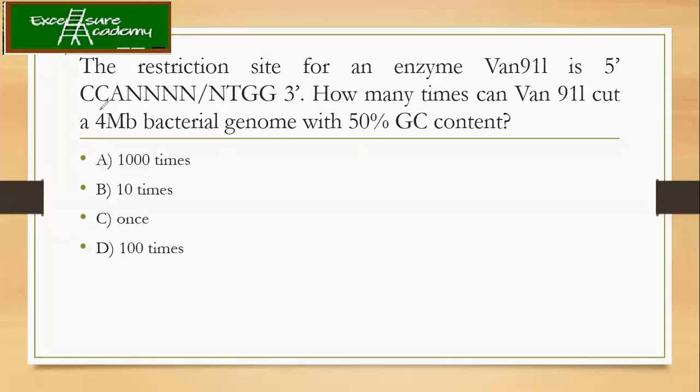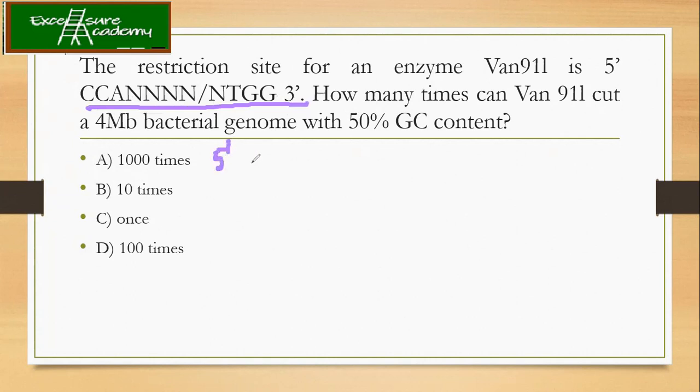So first of all, as we have discussed in the previous numerical section also, you need to calculate the probability of each of these bases occurring. So you need to have this sequence first. So let's write the sequence first.